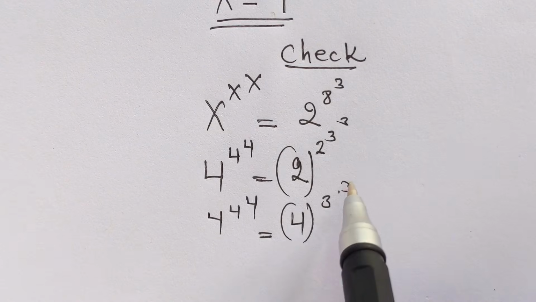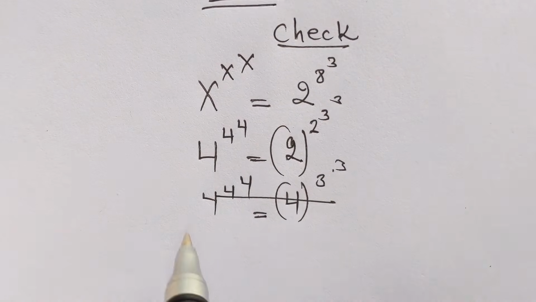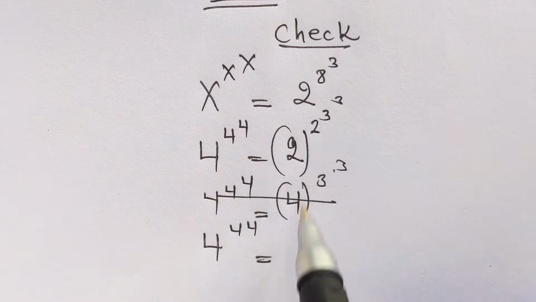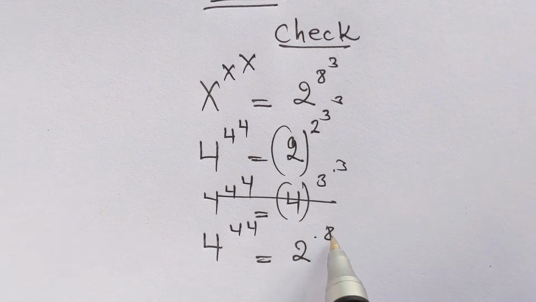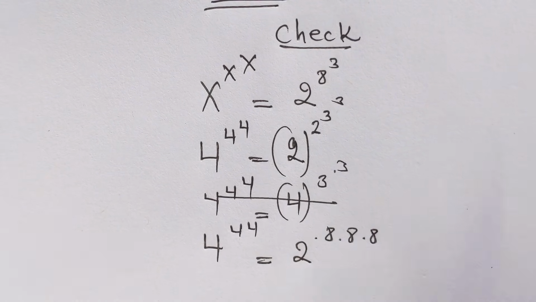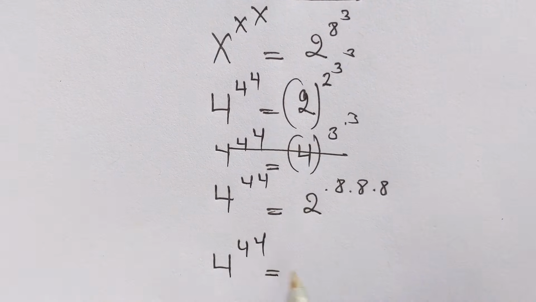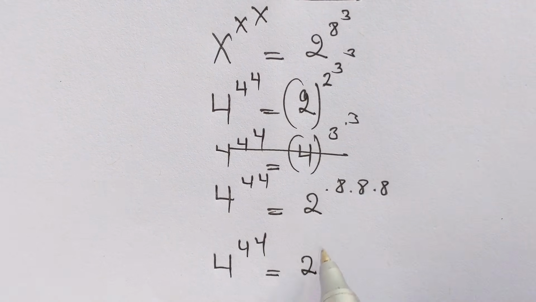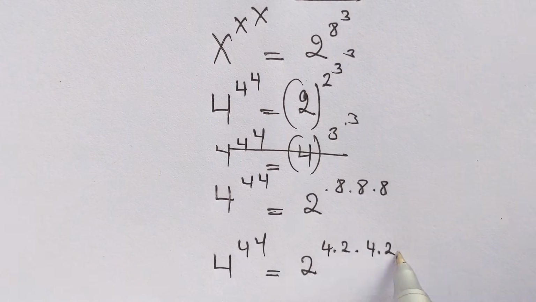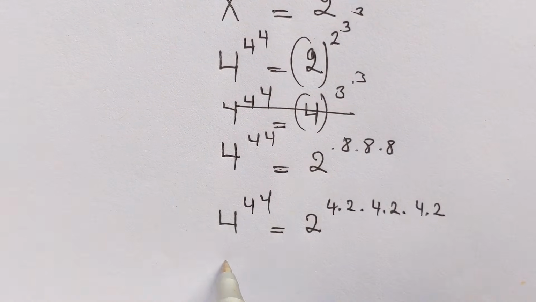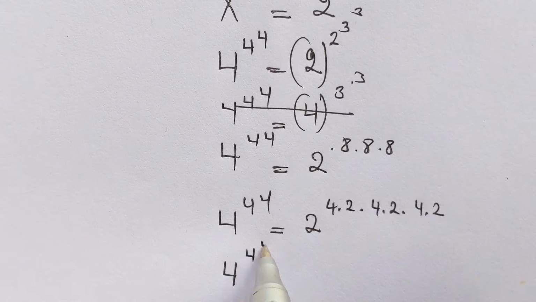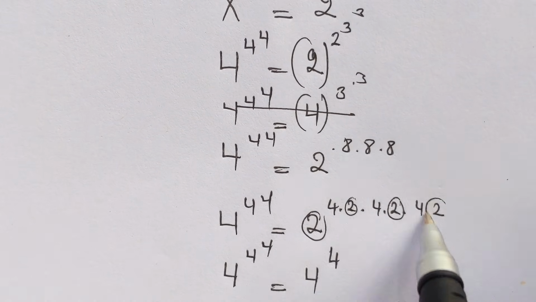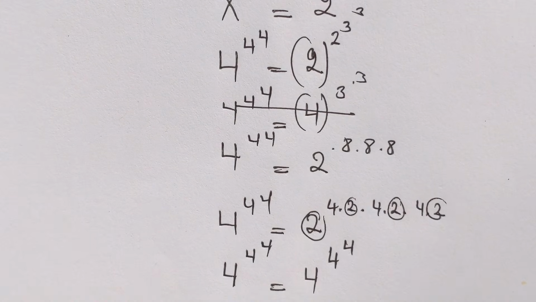I have to check it out well, where we have, let's say that 4 power 4 is equal to, of course here we can say 2 power 8 times 8 times 8, where 4 power 4 is equal to, here we can say it is 2 power 4 times 2 times 4 times 2 times 4 times 2, which is equal to 4 power 4, which is equal to, this and this will be 4 power 4, this and this to be 4, this one.